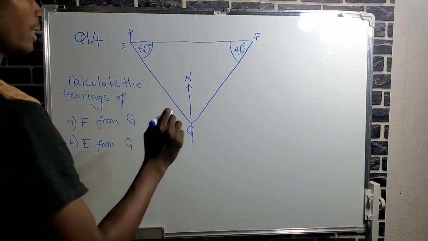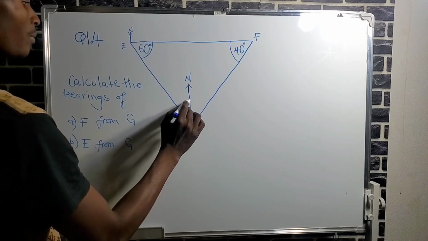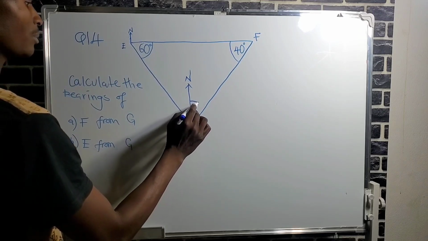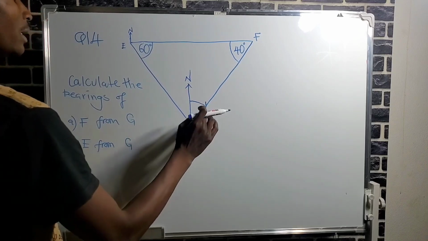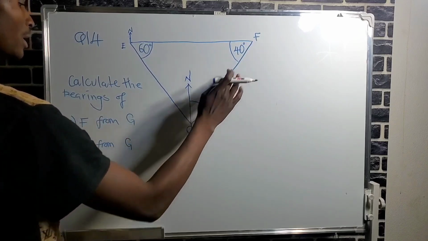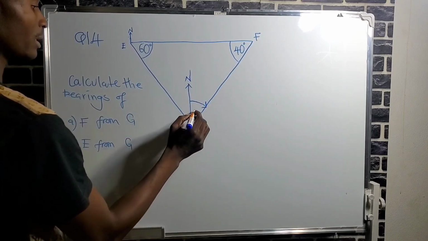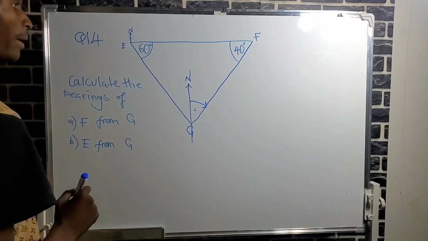Then we're going to move from this line up to the line connecting F and G. So they want this angle.